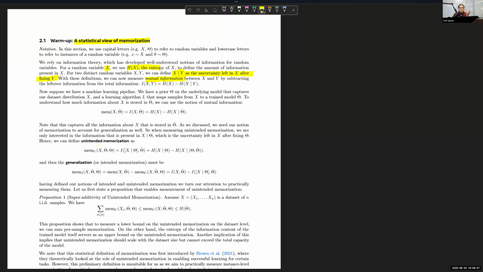With these definitions, we can then measure the mutual information between x and y, which is subtracting the information, how many kids will show up on the beach, minus, now that you know the temperature, the residual information or uncertainty in how many kids show up on the beach. So that is called the leftover information.